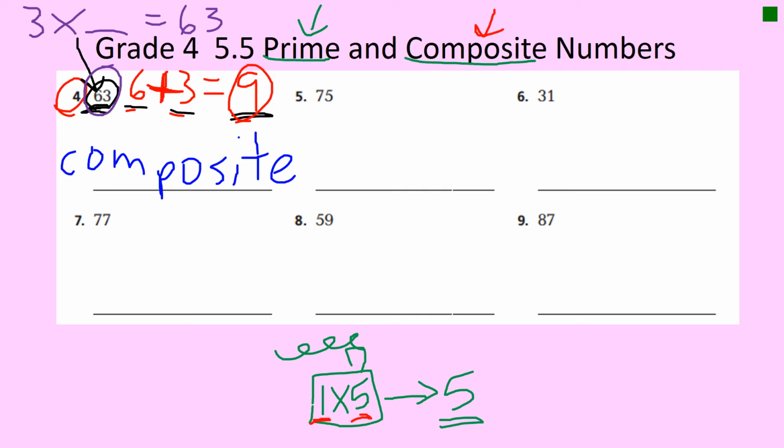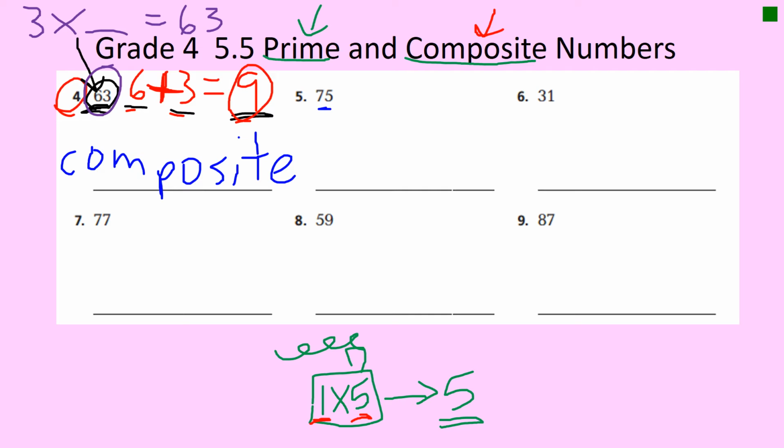All right, let's look at number 5. The number is 75. All right, what's the rule I'm thinking of? I'm looking at that little 5 right there in the ones place. Every number that's divisible by 5 ends in 5 or 0. 75 ends in 5.